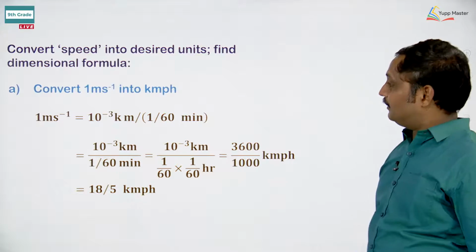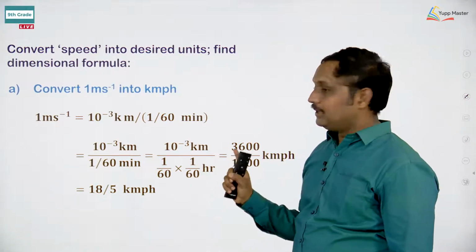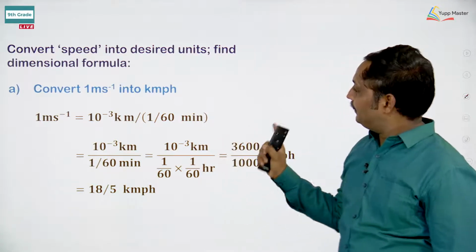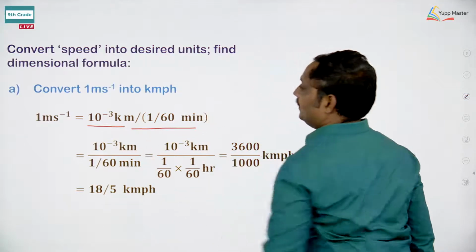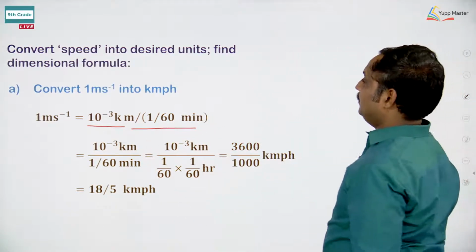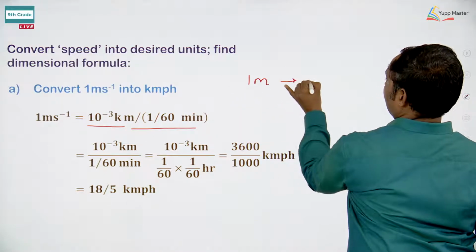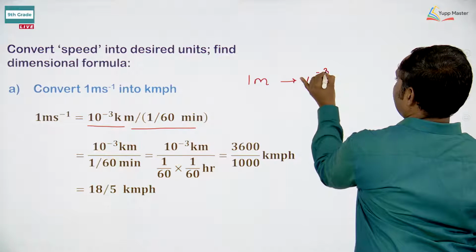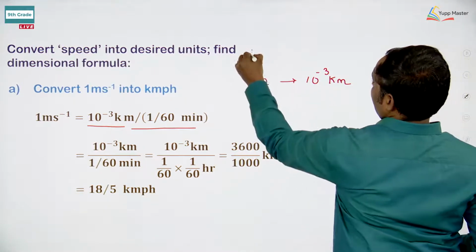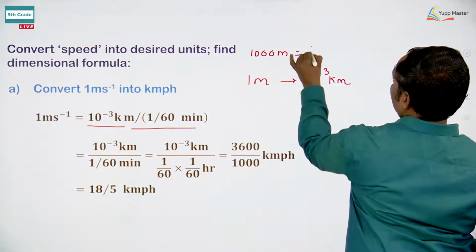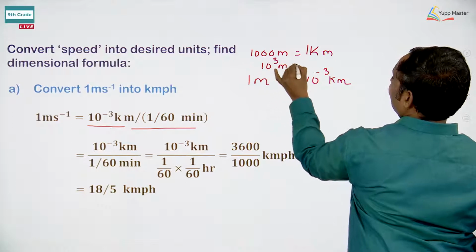You can easily calculate 1 meter per second in terms of kilometer. You know very well that 1 meter is equal to 10 power minus 3 kilometer. Simply, 1000 meters is equal to 1 kilometer, 10 power 3 meter is equal to 1 kilometer.